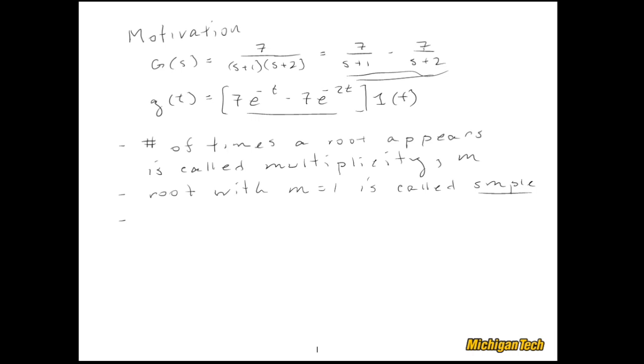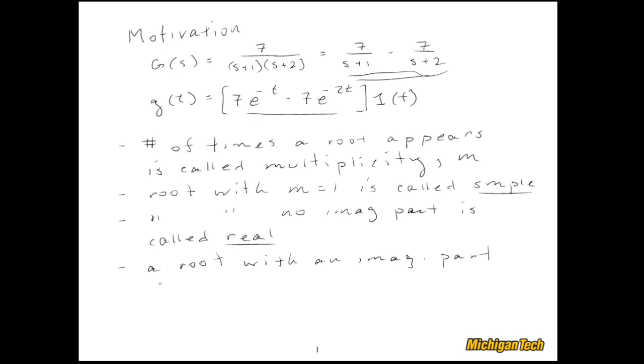A root with no imaginary part is called real. I think most people remember that. And on the other hand, a root with an imaginary part is called complex.